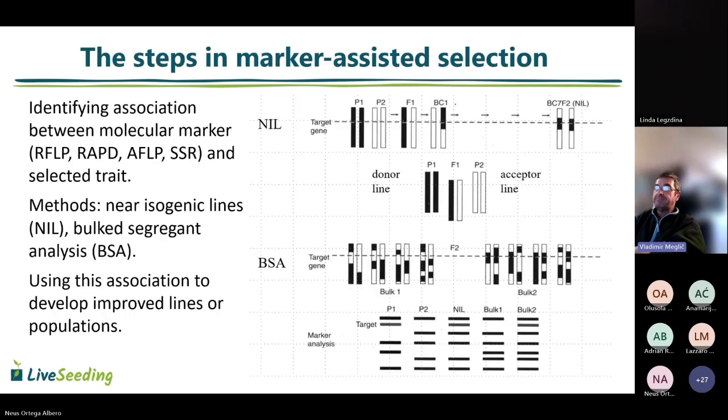Next slide, please. This is once again just what Neus already showed a couple of times, the difference between near isogenic lines development and bulk segregant analysis. This is the combination that we have used. Next slide, please.